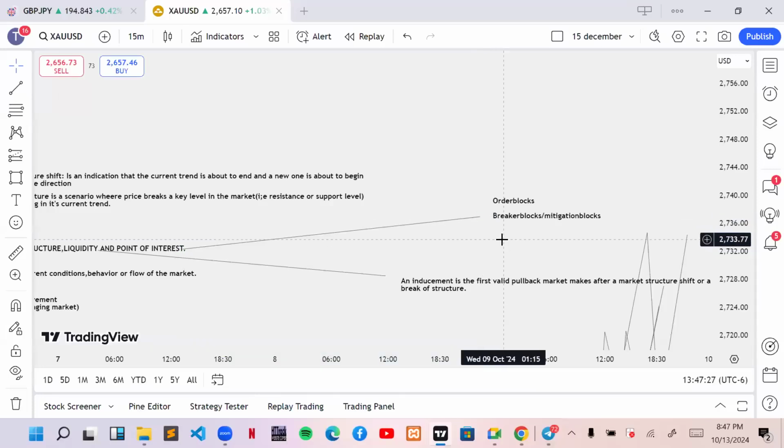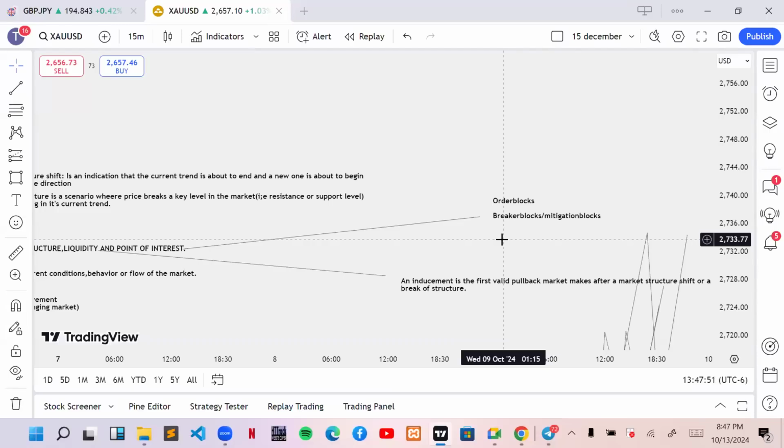So what is an order block? Order blocks are those zones in the market where there are a lot of institutional orders. People that trade with $100, $10,000, even $100,000 really do not make any significant move in the market. There are people that trade with billions of dollars, $500 million, $1 billion. Those are the people that actually make moves in the market: market makers, institutional traders.